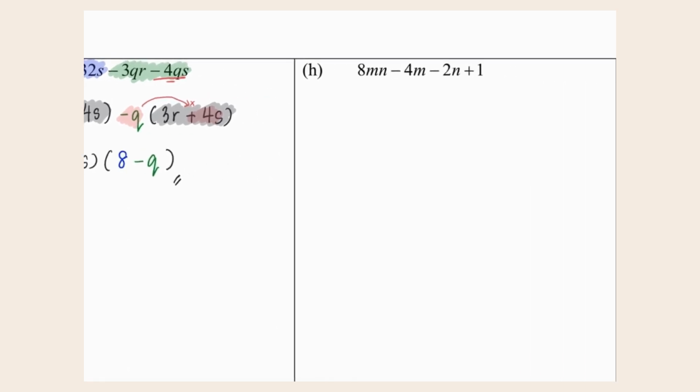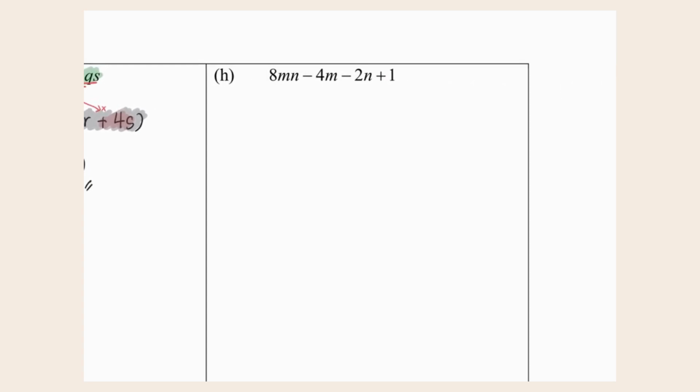Moving on to part H. Let's see. Looking at things as it is, okay, I can see that if I break them into these two groups, the common factor here will be 4m, and when I do that, I will get 2n minus 1.